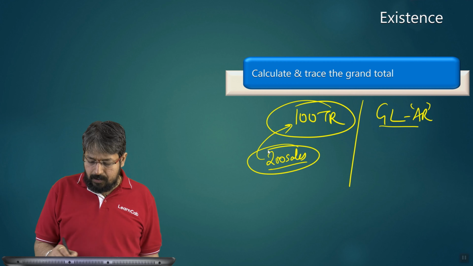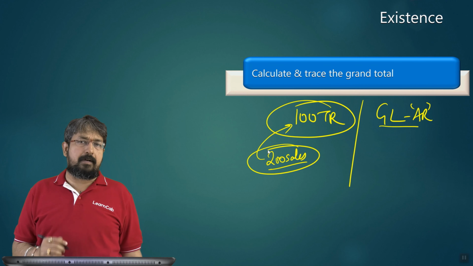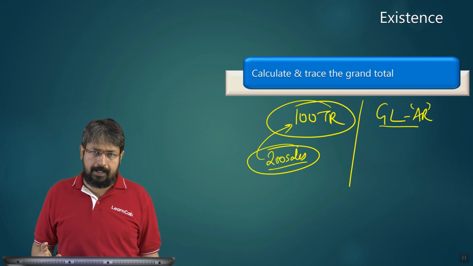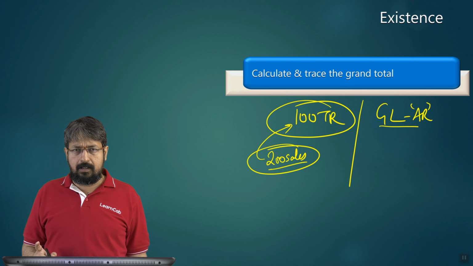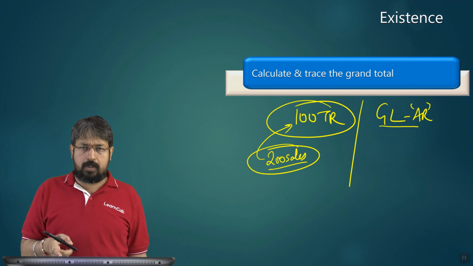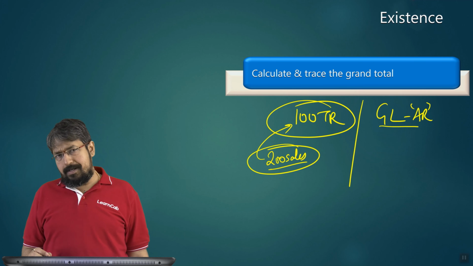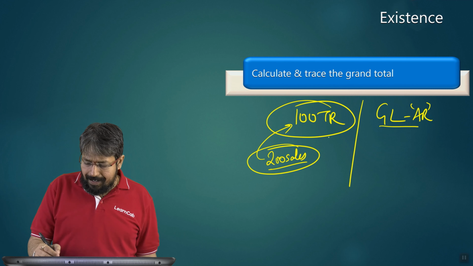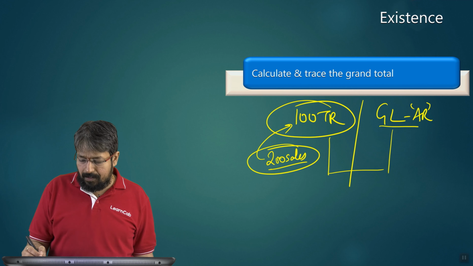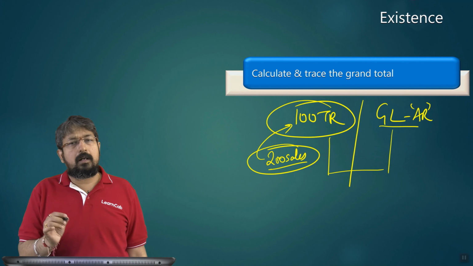So this entire 200 sales will be added up and booked as one single entry. 100 cash sales will be booked as one cash sale. It is consolidated, it is total, and 100 trade receivable accounts are taken as one single entry. So that's why regular reconciliation should be done between the GL and the trade receivable.